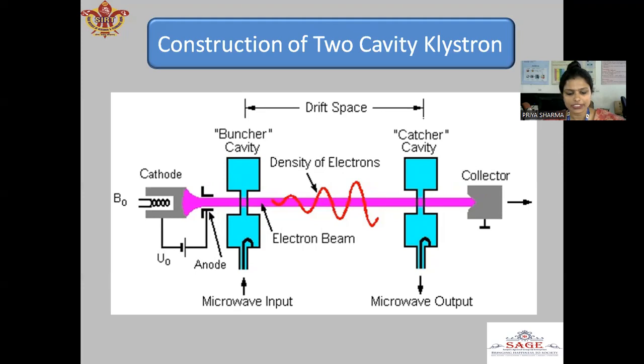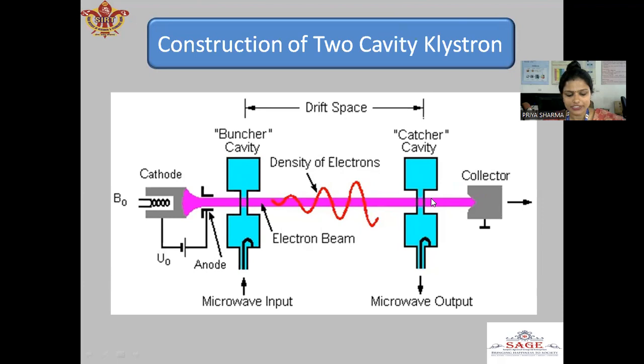Therefore, the velocity of electrons varies in accordance with the RF input voltage, resulting in velocity modulation of the electron beam. As a result, the electrons gradually bunch together as they travel down the drift space from gap A to gap B. The pulsating stream of electrons passes through the gap B and excites oscillations in the output cavity.